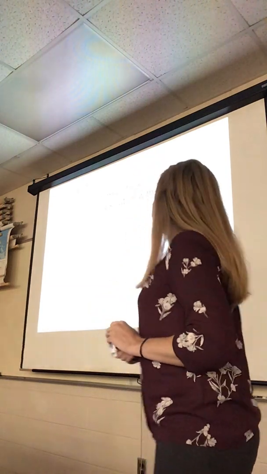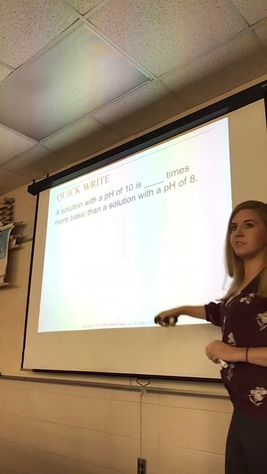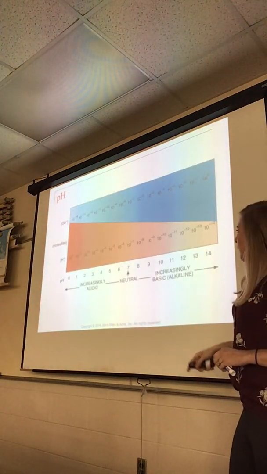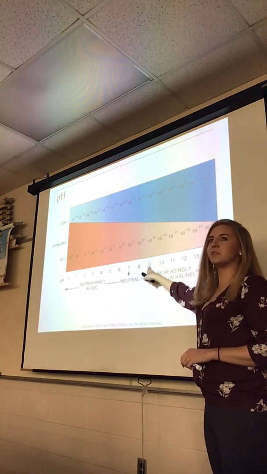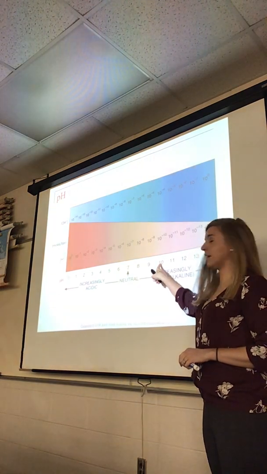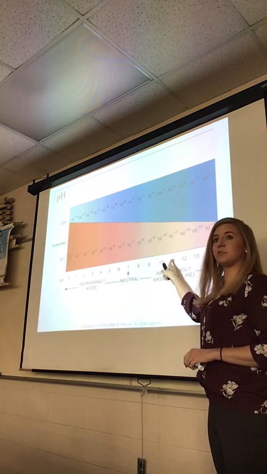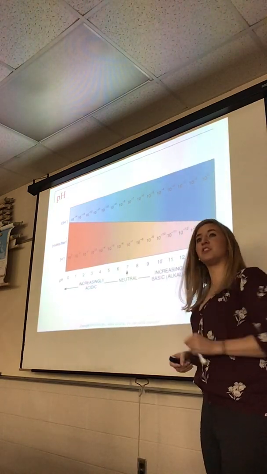So they go on a scale of 10. So how many differences is there between 8 and 10? 2, right? So if it's going up 10 every time, 8 to 9 is how many times? 10. 8 to 10 is 100, right? 8 to 11 is 1,000 times more, right? You're just adding a 0 each time.